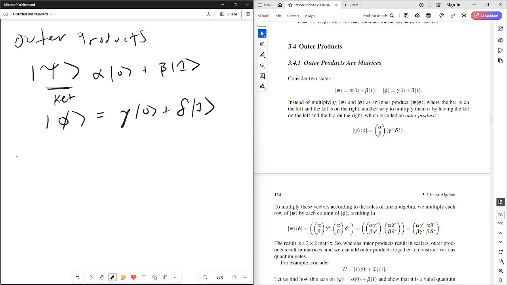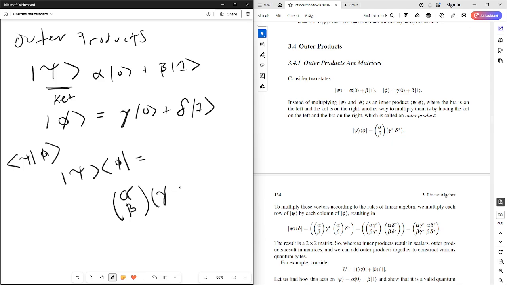Before, we saw doing a bra and a ket, something like this. But we can also do it like this: we can multiply a ket times a bra, which gives us the outer product. That is equivalent to the column vector alpha beta times the complex conjugate of the weird y thing, star, and the other thing.